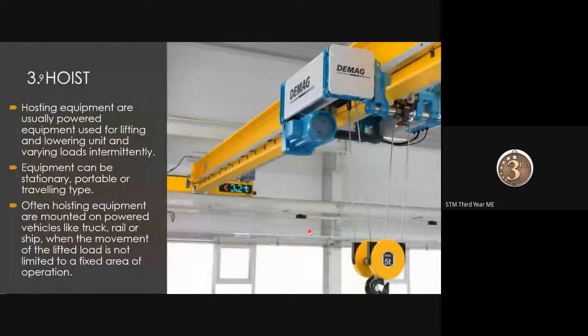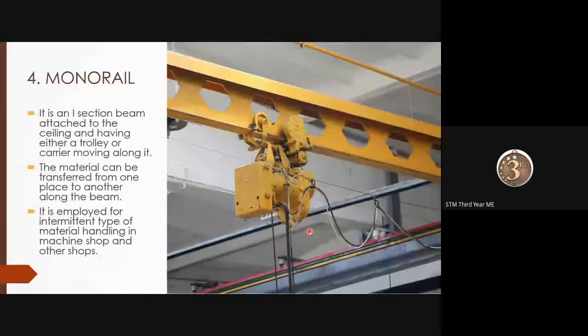Then comes hoist. Hoist is another application of cranes, which is used inside the industry and is also used for lifting material and transporting it from one place to another. Then comes monorail, which spans the entire ceiling of the industry.